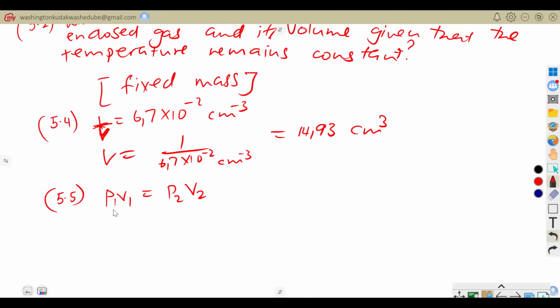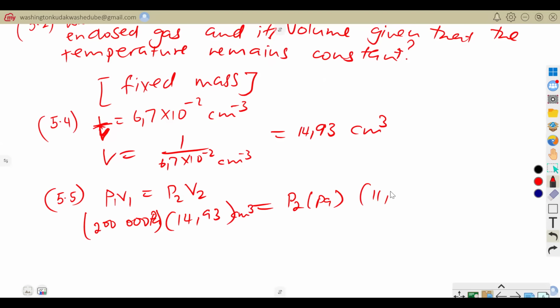I've got my volume 1 and my pressure 1, which was 200,000 pascals, the one that I used there, and I found the volume of 14.93 cubic centimeters. I now want to find the pressure. Since this one is in pascals and this one is in cubic centimeters, I would find the pressure in pascals. And then the volume here is 11.11 cubic centimeters.